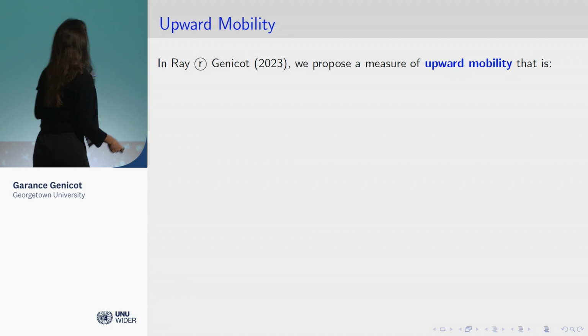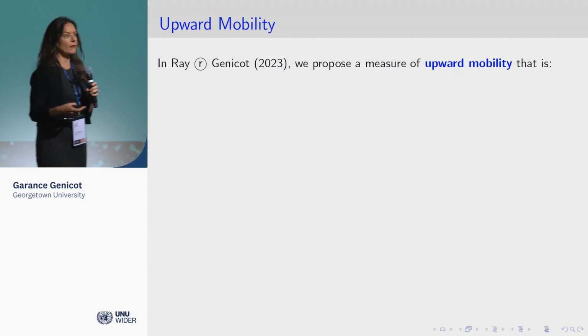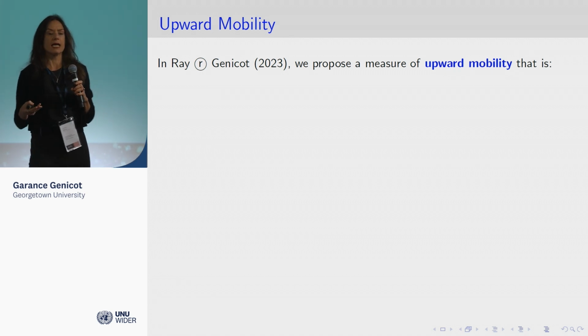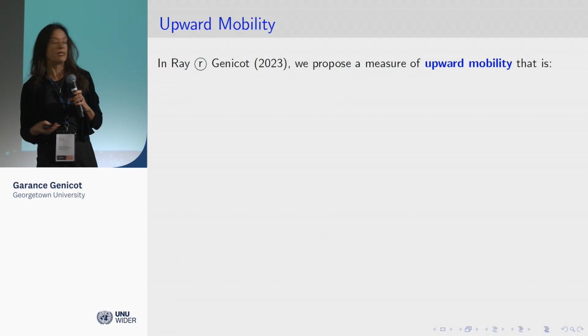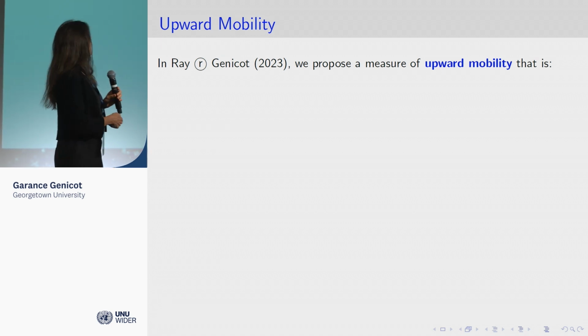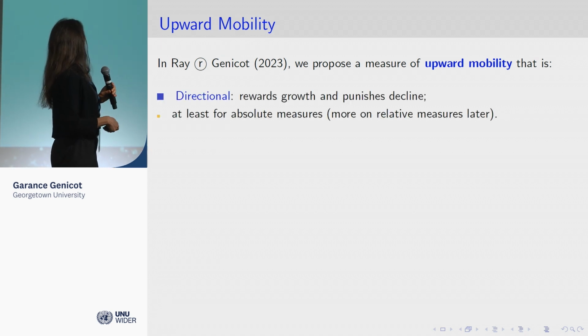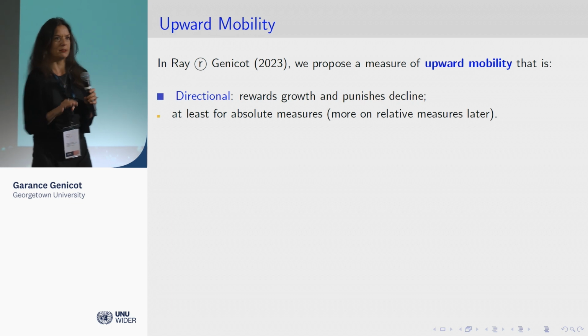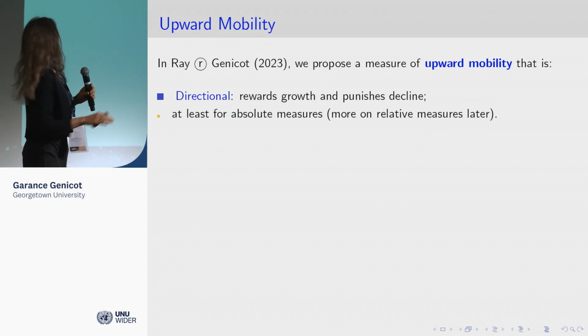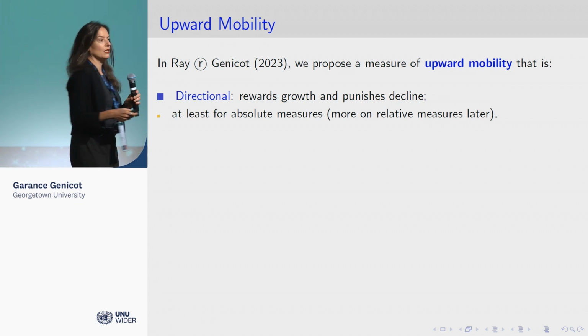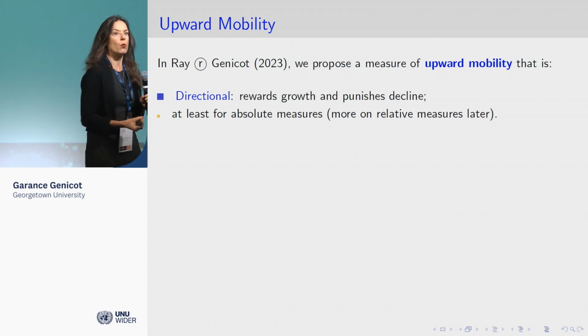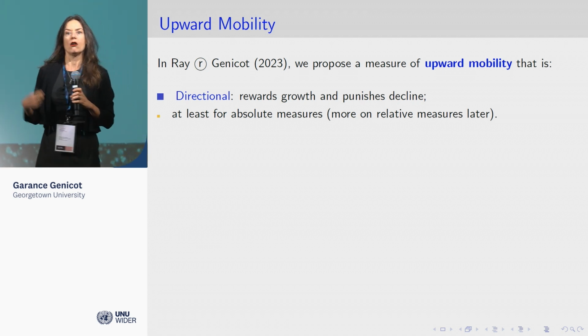Okay? So upward mobility, this is a measure that we developed with Deborah Jouet in 2023. And although it took us years, that is when it was published. But what we wanted was a measure of mobility.